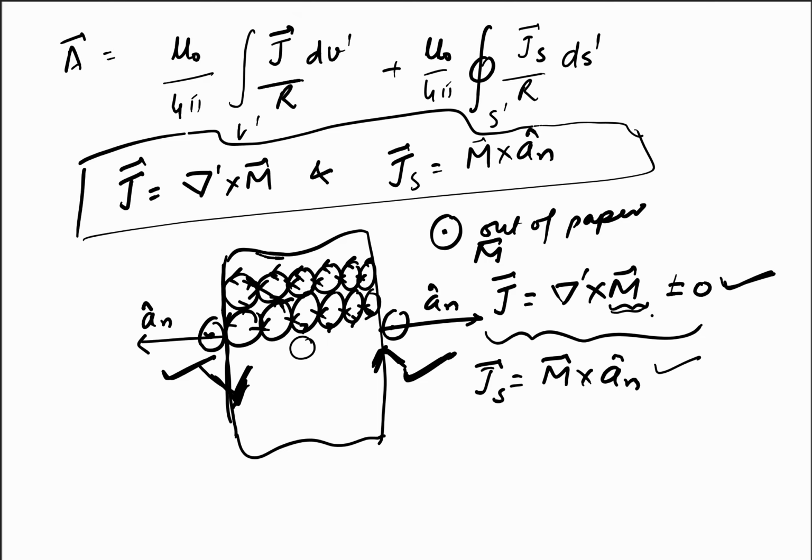So there will be effects of both the volume current density as well as the surface current density. It will imply that this M, the magnetization vector, has variation with respect to the space coordinates, and because of that the internal atomic currents will not be able to cancel each other, and there will be a net volume current density there.